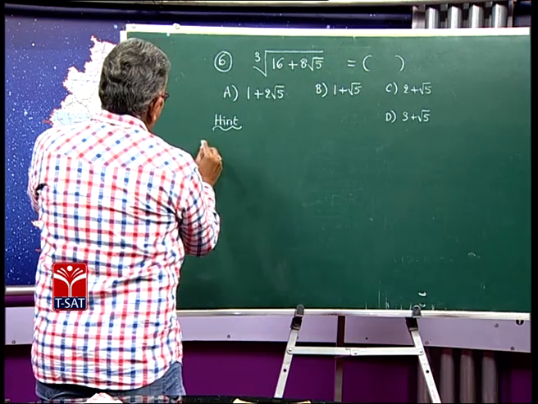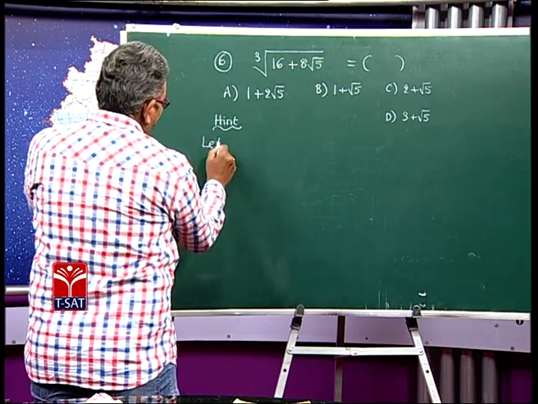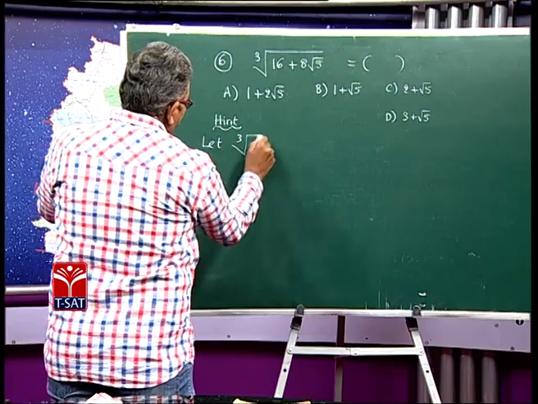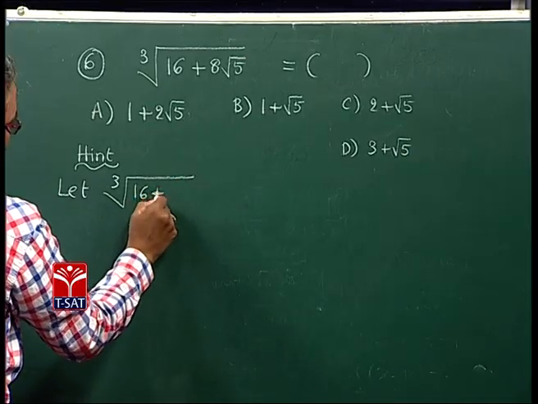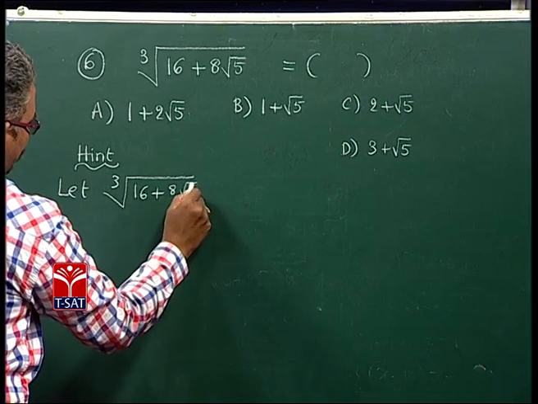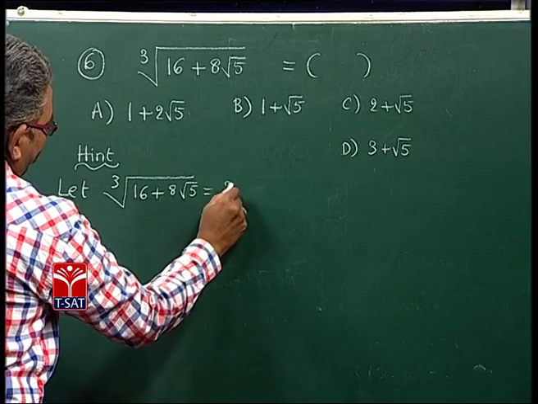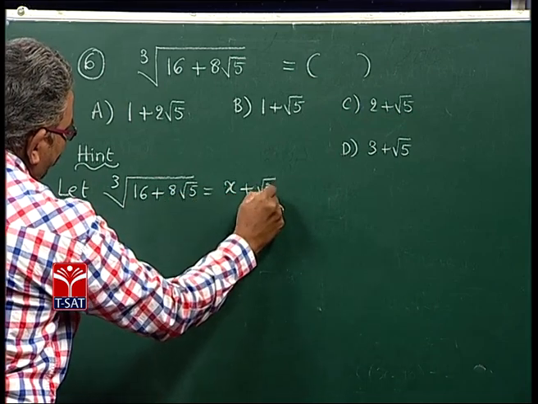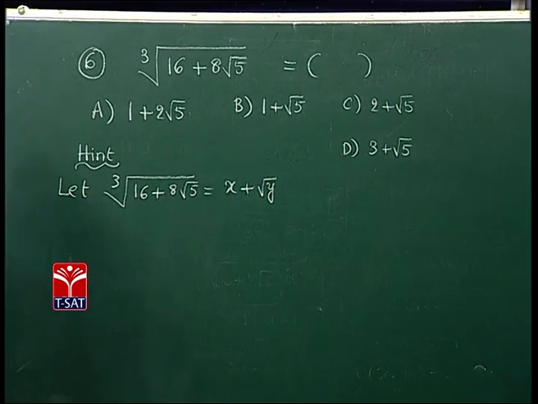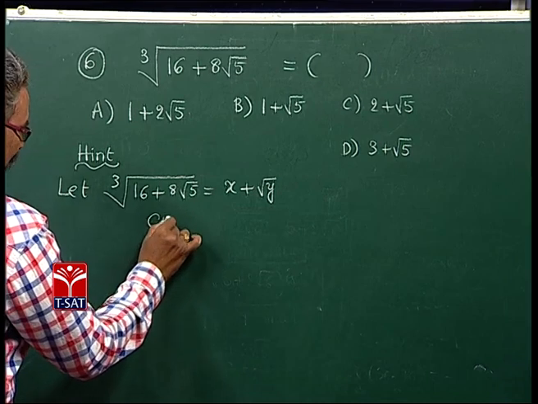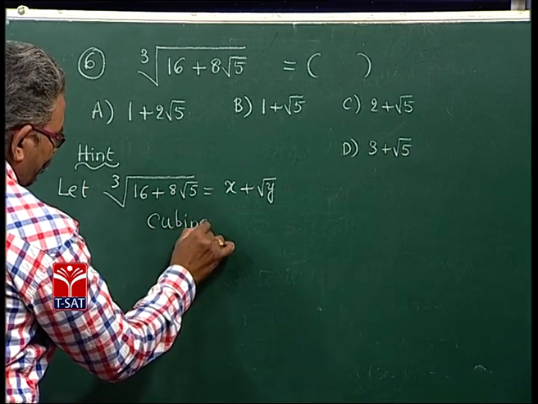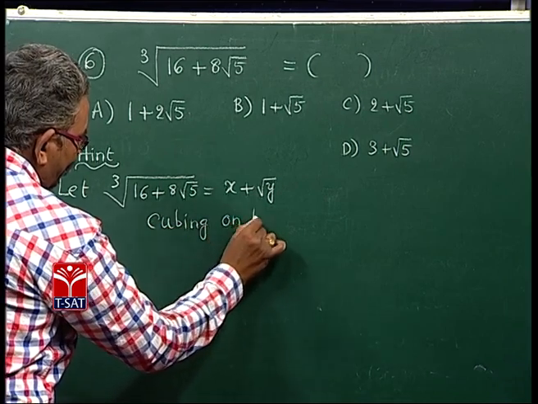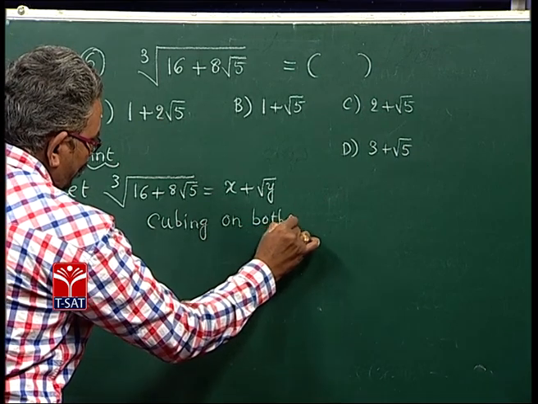First, let us say cube root of (16 plus 8 root 5) is equal to x plus root y. Now, this time, cubing on both sides.